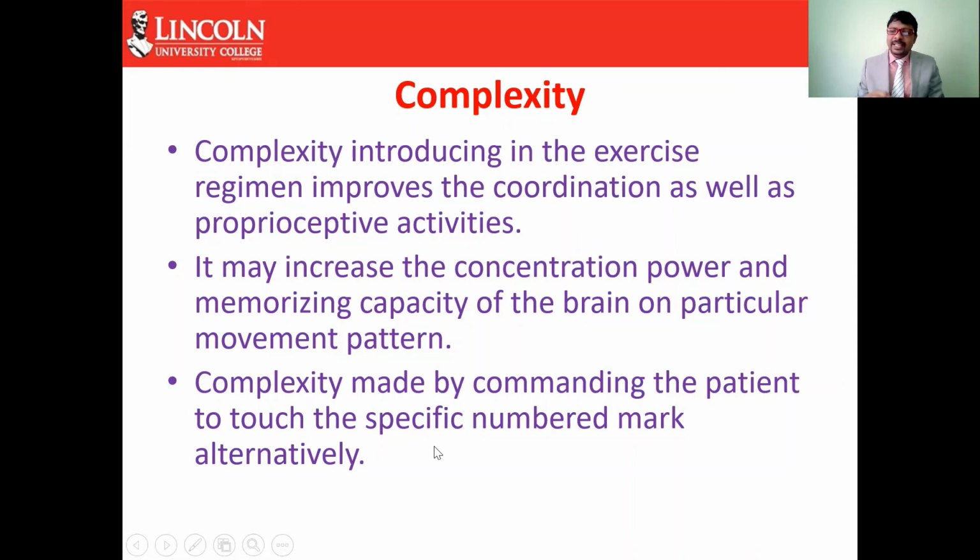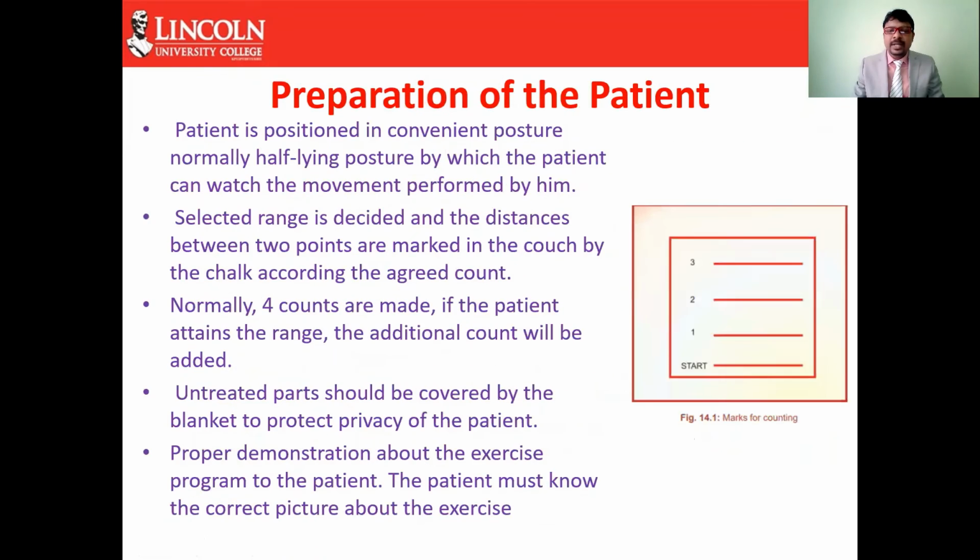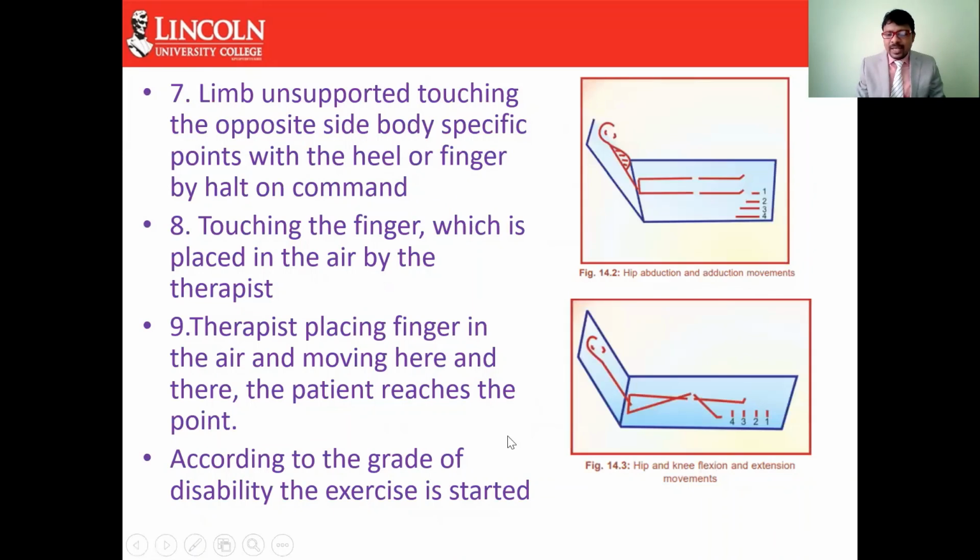So while giving the training, we have to show what activities we are doing. The patient should see the series of the activities. For example, if you want to do hip flexions, we have to show how much the hip flexion should be. From the extension position, if the patient's leg is straight, we can ask them to come to the neutral position and drag it to 1, 2, 3.